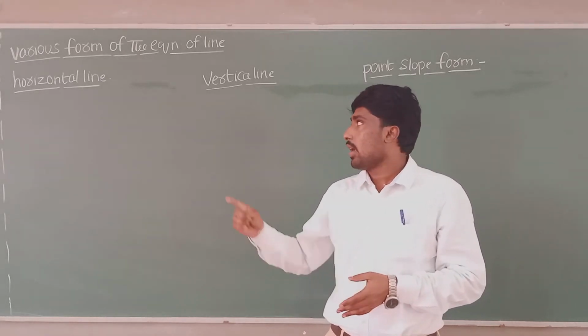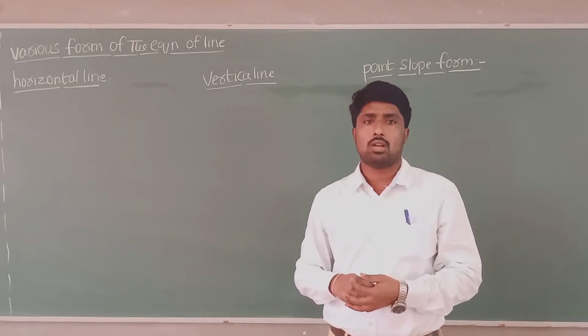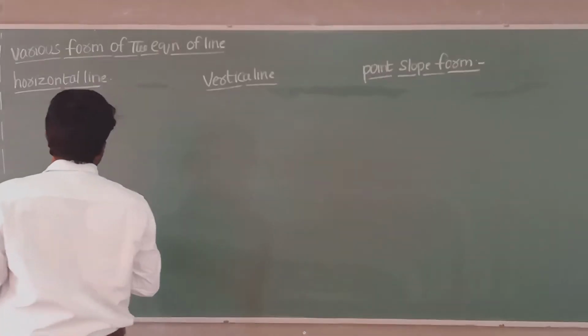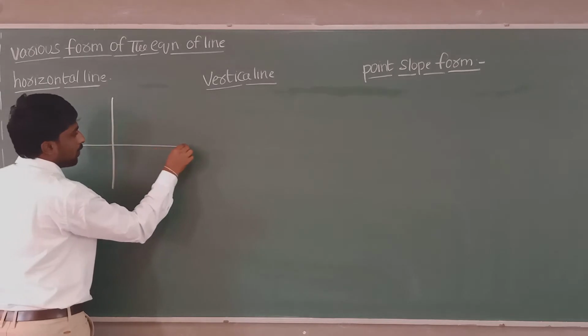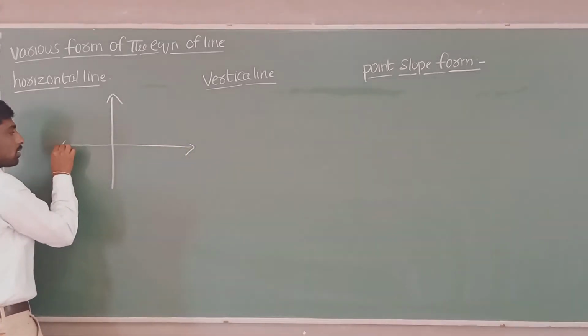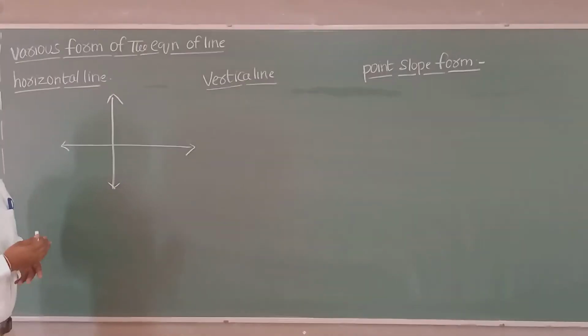If the line is horizontal, what is the equation of the line? We have to solve it now. First of all I will draw the diagram. If it is a horizontal line, all of you listen, this line denotes a distance from the x-axis.